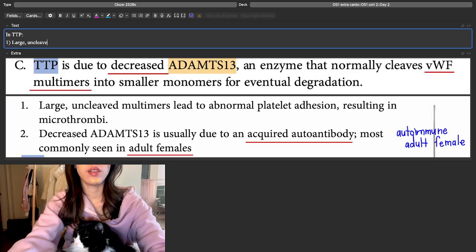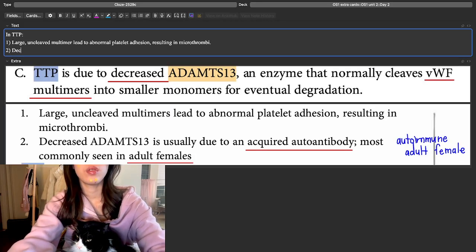Large uncleaved multimers lead to abnormal platelet adhesion, resulting in microthrombi, due to decreased ADAMTS13.